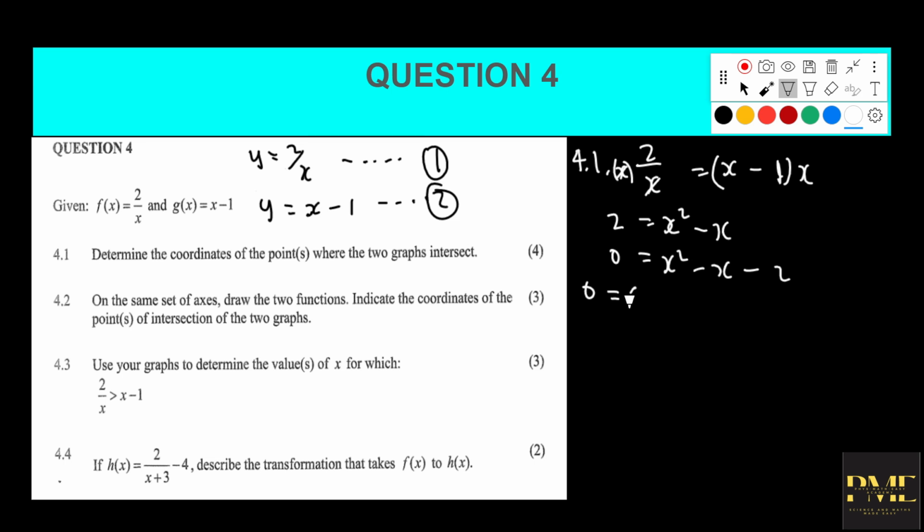Okay, so to do that, we'll open a set of 2 brackets. Okay, and then we're going to ask ourselves, since we have x squared, we can put our x there and our x there. And then we're going to say which factors of 2 when multiplied to one another will give us 2, but when added or subtracted would give us 1. Okay, so that's obviously going to be 2 and 1.